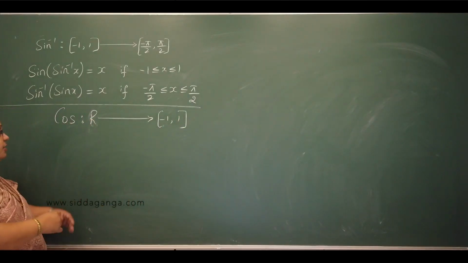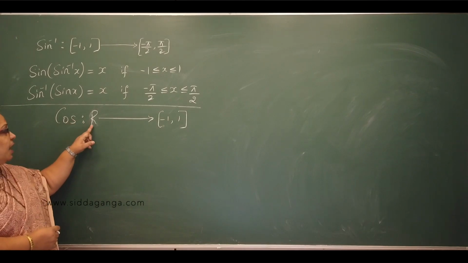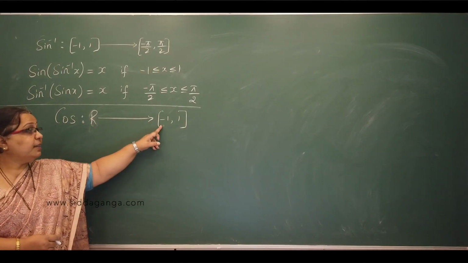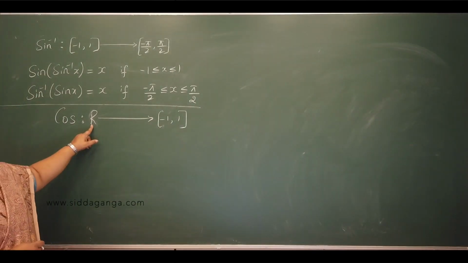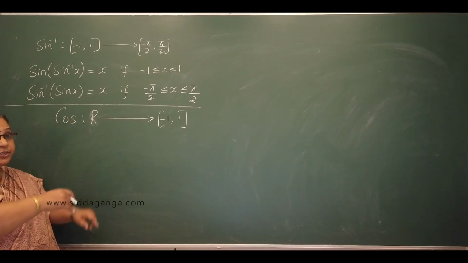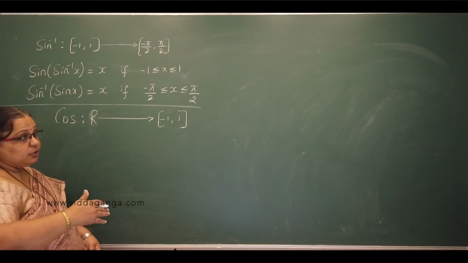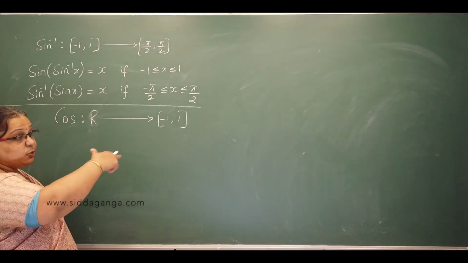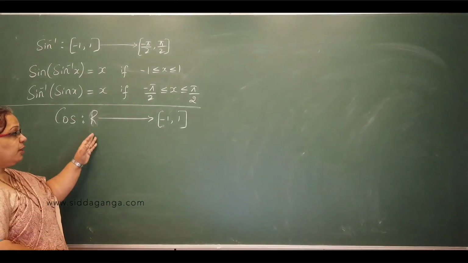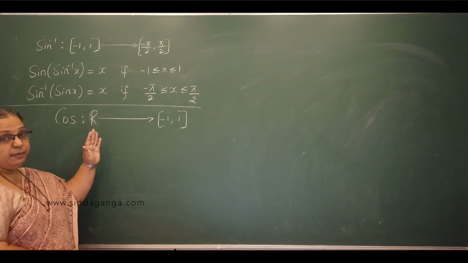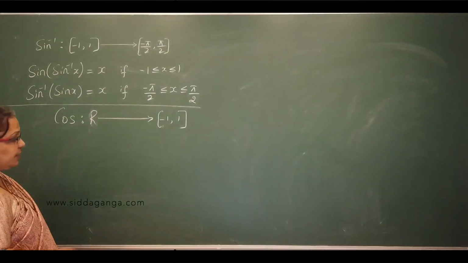The cos function is a function from R to the closed interval minus 1 comma plus 1, where R is the set of real numbers. Similarly, as we studied in the sine function, two or more angles will be associated with the same element, and hence it does not become a bijective function.